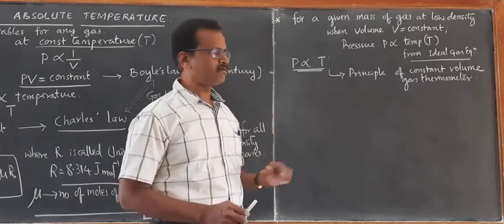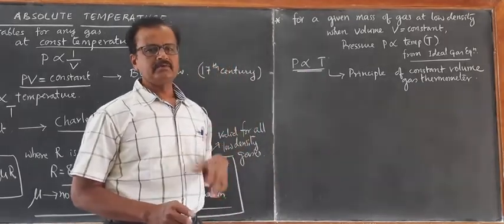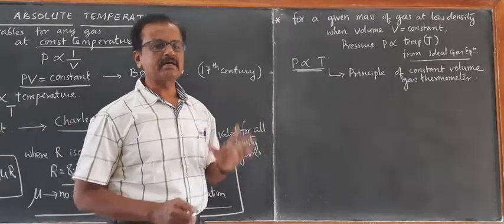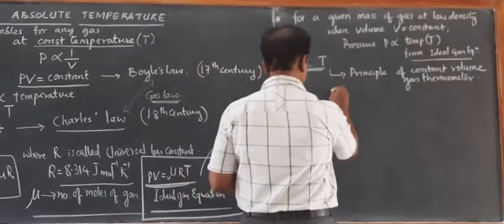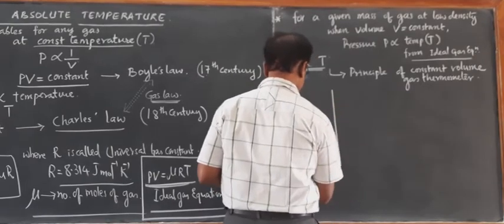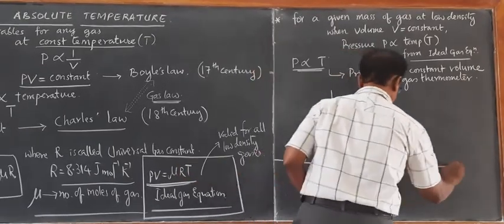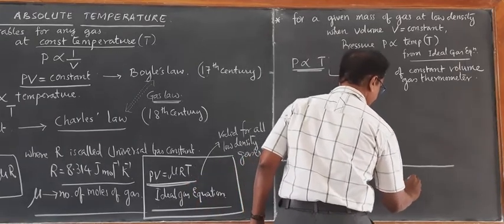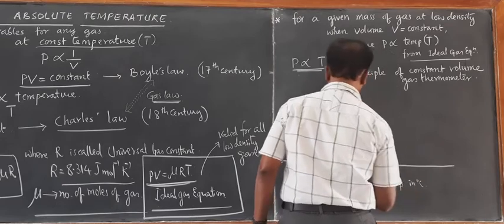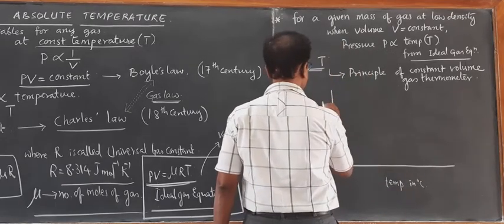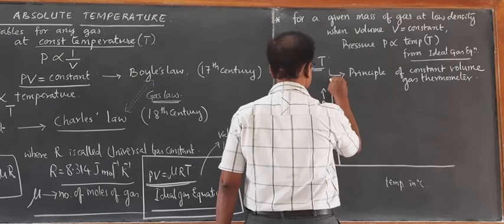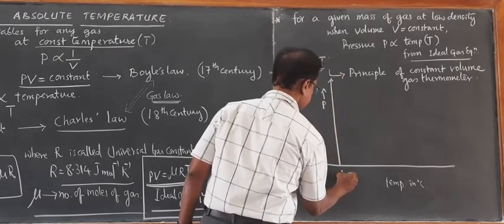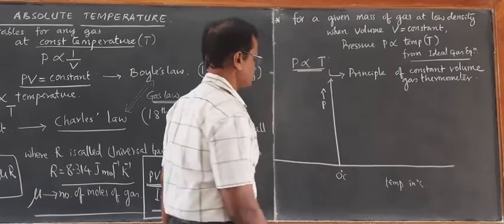So if we draw the graph of pressure versus temperature, we will get a linear graph. The graph appears like this. This is temperature in degrees Celsius. This is pressure of the gas. This is taken at 0 degrees Celsius.